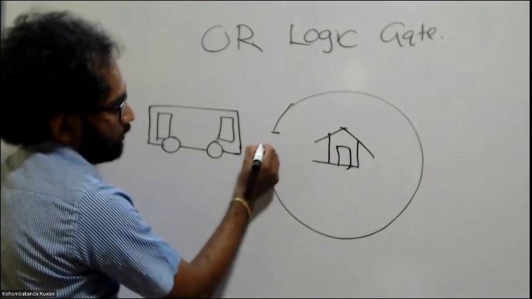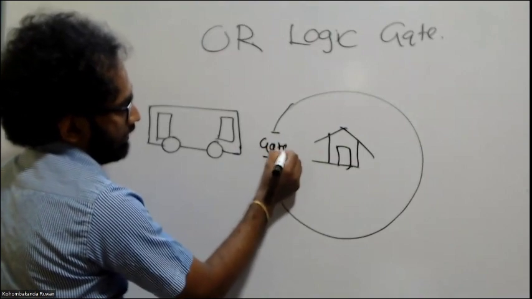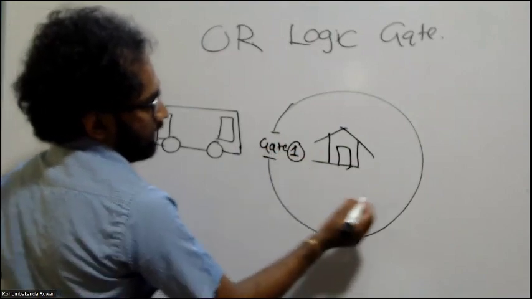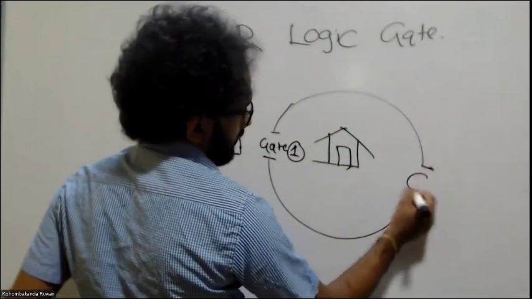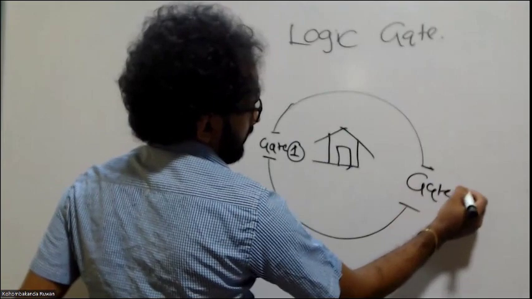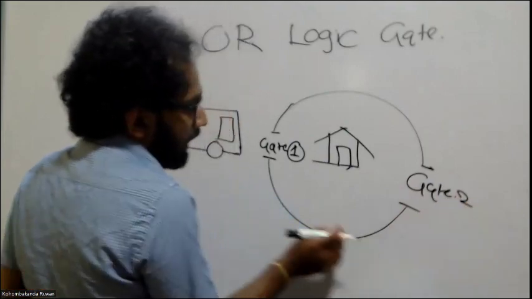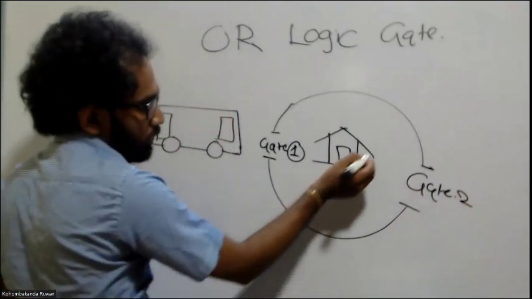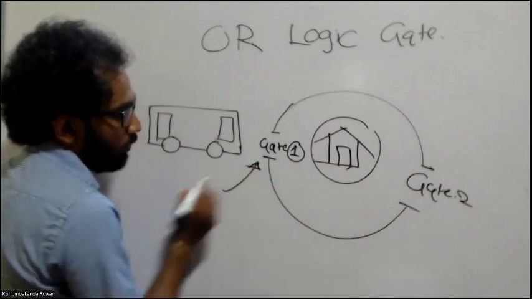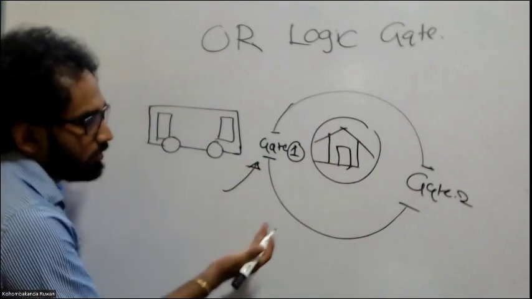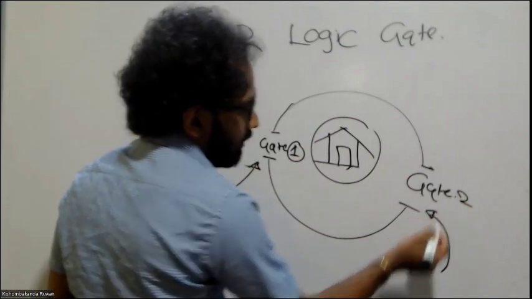Assume that this is gate 1, and there's another gate in this place, gate 2. To access your home, either you can use gate 1. If it is not, you can use gate 2.